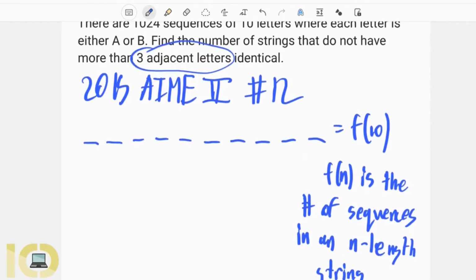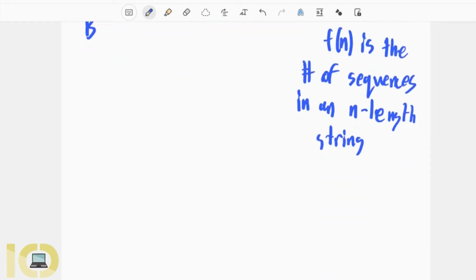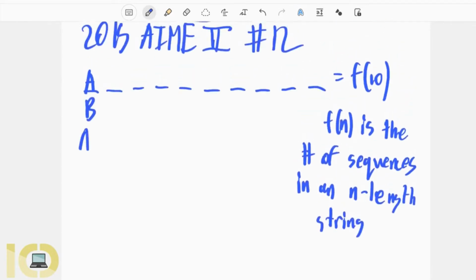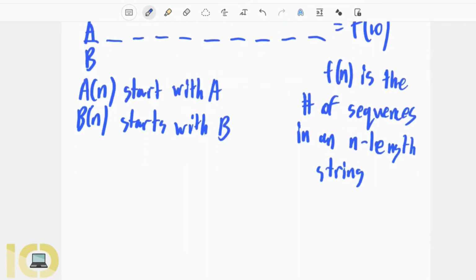So note that the beginning over here can only equal A or B. There's only 2 possibilities. So I'm going to let A of n equal the number of strings that are length n that start with A. And now B of n is the same, except it starts with B. Alright, so now that we have these two, we can set a little equation here.